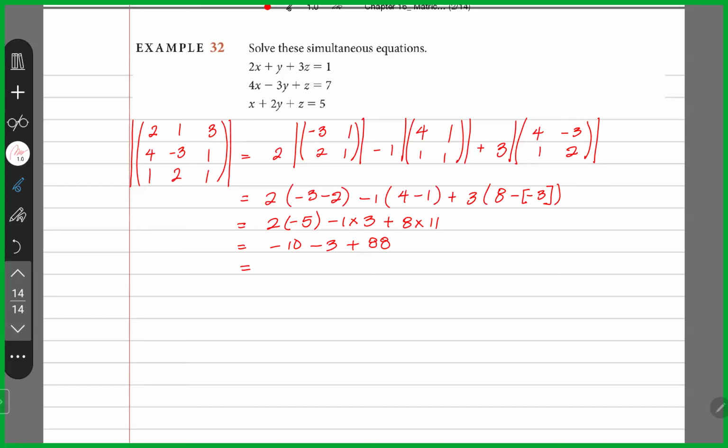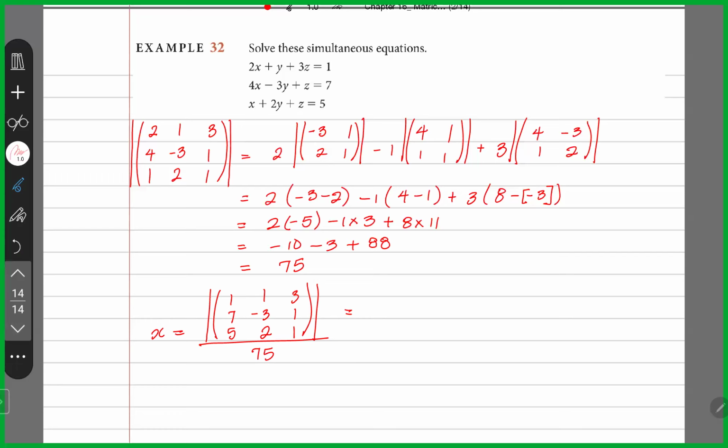How much does that work out to be? 75? Yeah, 75. So, by Cramer's rule, x is equal to the determinant of 1, 7, 5, 1, minus 3, 2, 3, 1, 1 over the determinant of the coefficient matrix, which we just worked out to be 75.